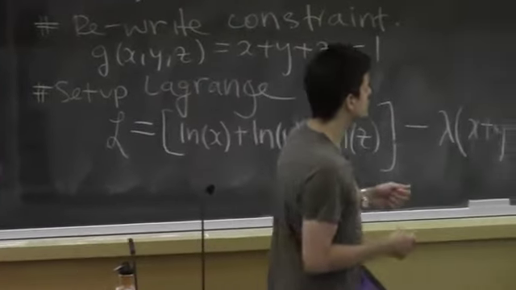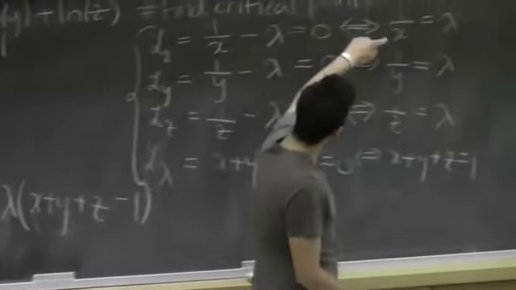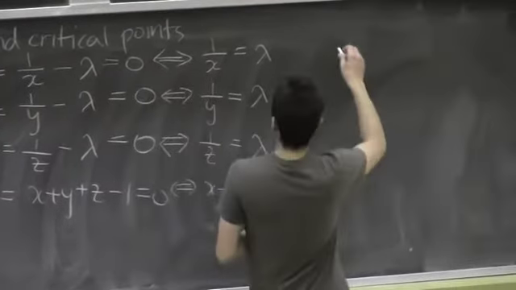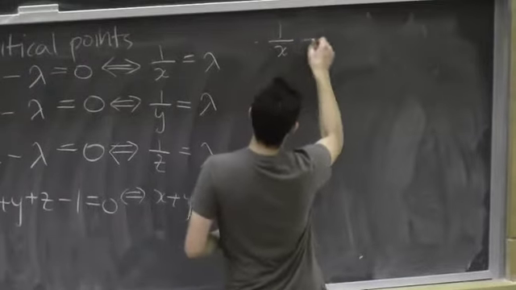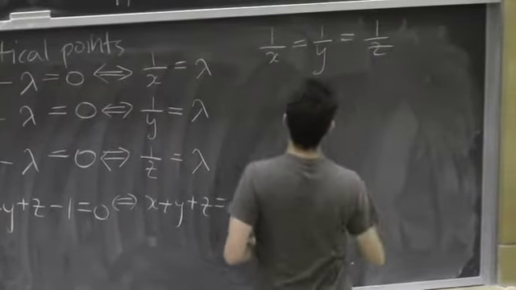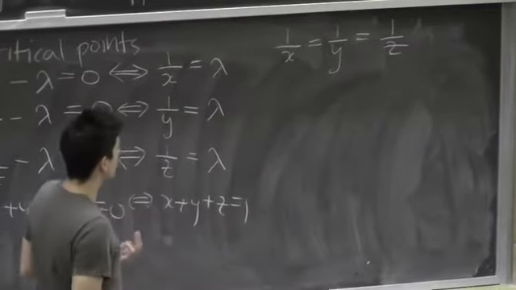It gives you relationships among x and y, among x and z. So these tell us that these guys all equal.